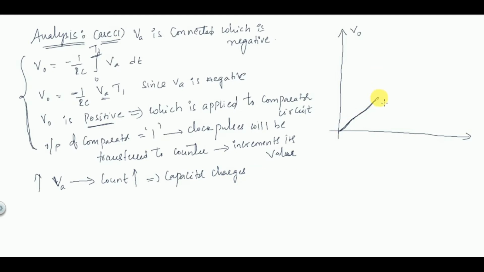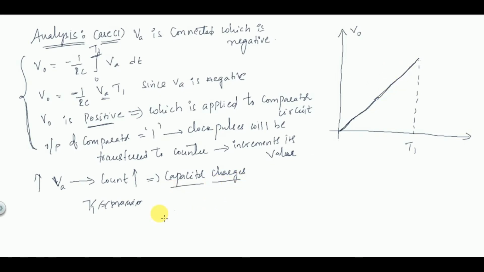If you go on increasing the value of VA, the capacitor charging increases based on the value of VA. This capacitor charging continues up to T1, which is the maximum time for charging. So until then the capacitor charges.